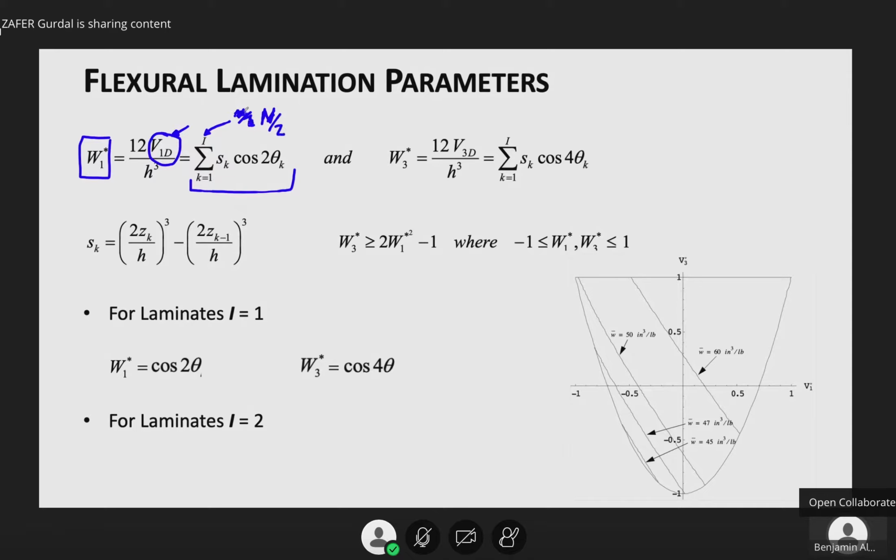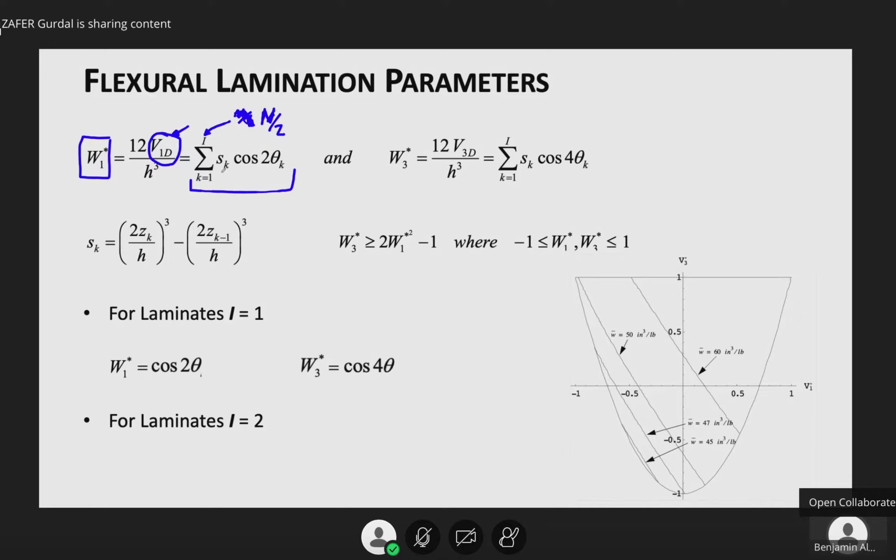Let's cross this out. And then these are SK times cosine 2 theta K. Remember, in the in-plane case, we call this V1 star. Now we're calling W1 star.